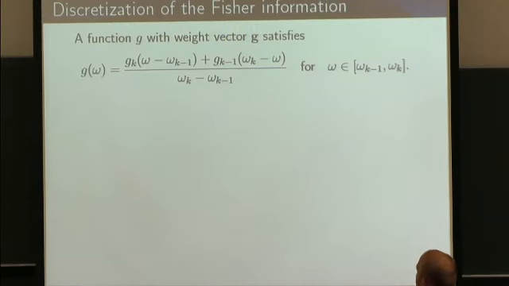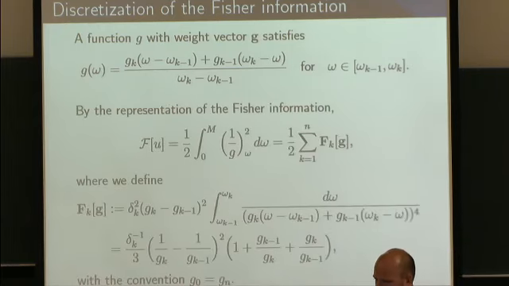You need to discretize the Fisher information. If you have a function g in this ansatz space where you have a weight vector bold g with g_k inside, then in such an interval you can write the function in this way, just because it consists of the two hat functions that live on this interval.